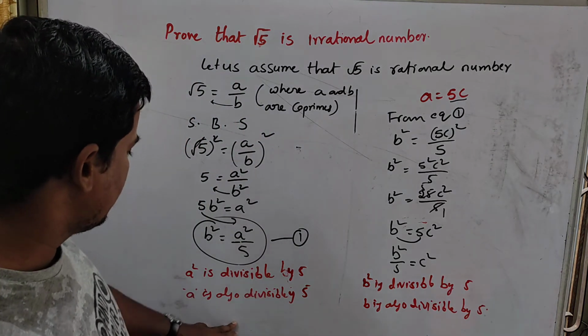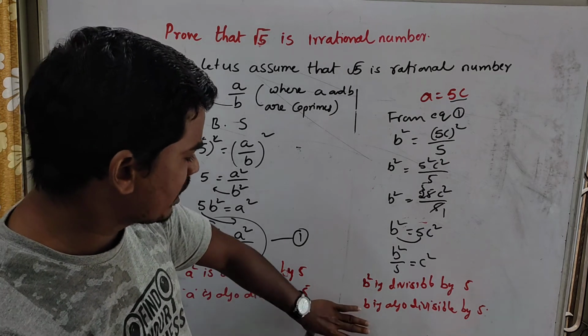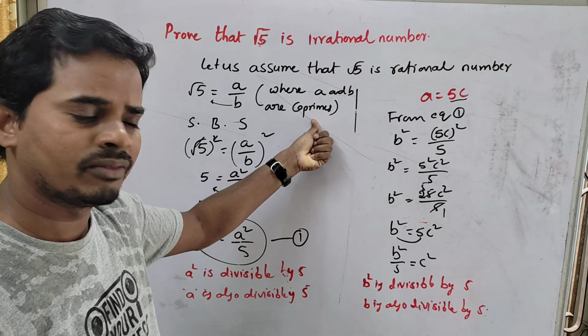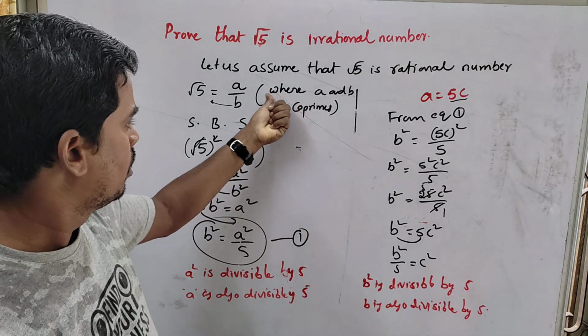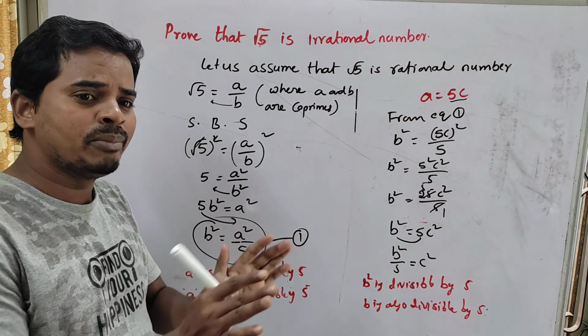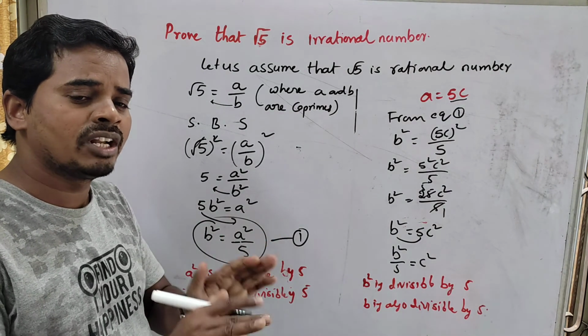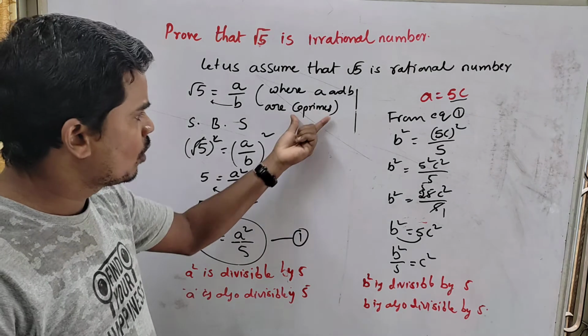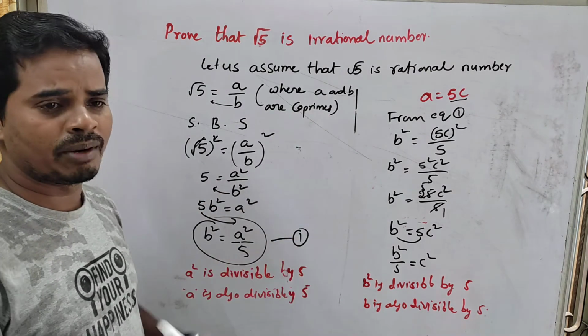So actually it contradicts the fact that a and b are co-prime numbers. It is contradicting the previous statement. a and b are co-prime numbers, that means they do not have any common factor other than 1.